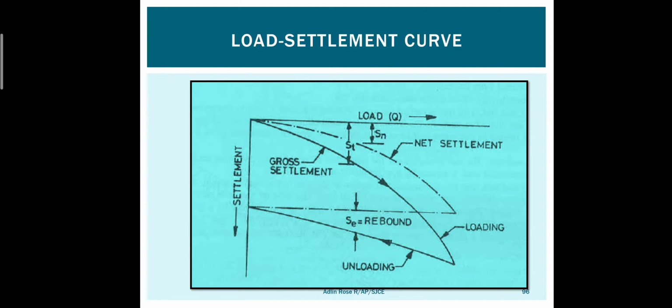The net settlement curve is shown in the dotted lines there. So two settlements are there: gross settlement and net settlement. Gross settlement minus rebound values will give you the net settlement values.